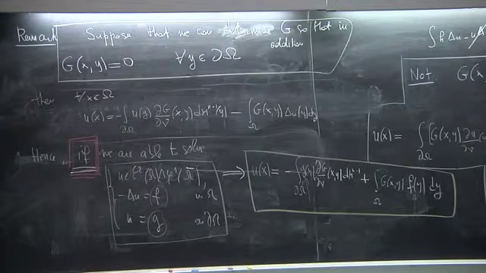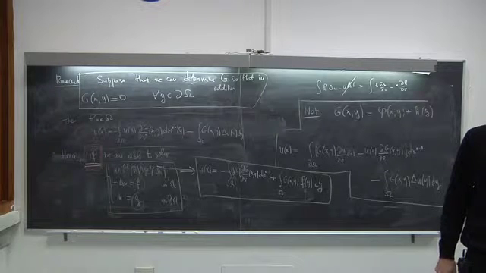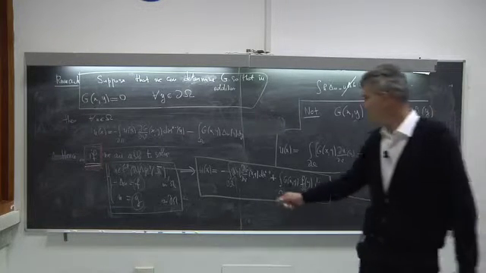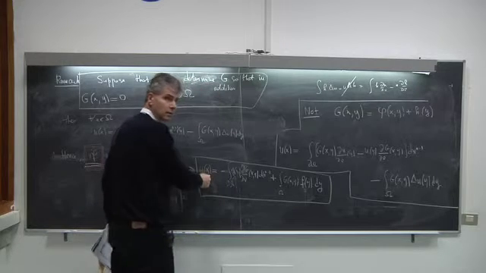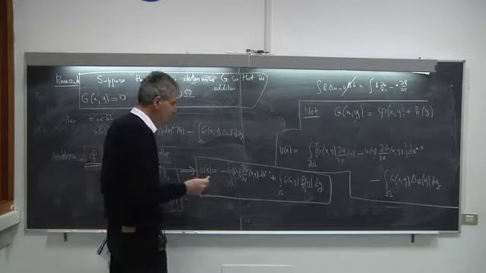Suppose that we can solve capital D. We can find capital G, yes. And we show that, by defining u, this expression solves this problem. Yes, at the end, yes. So this means that we solve this. This is actually a good comment.